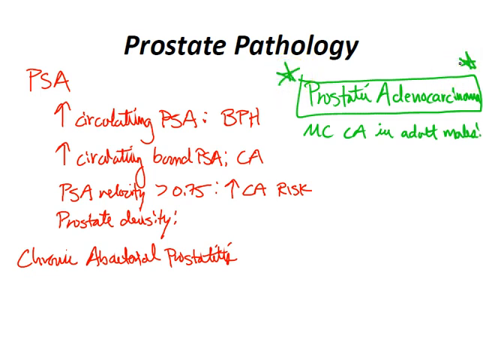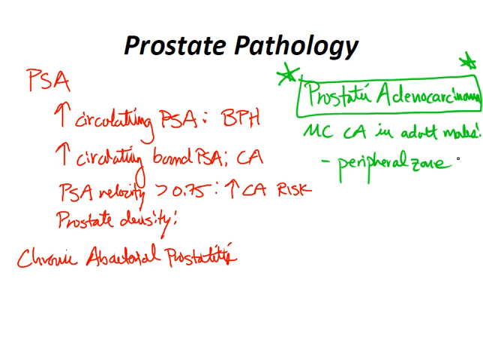Remember that, you will be tested on that. It's not including skin cancer because skin cancer is the most common cancer in the United States. It's usually with men greater than the age of 40. Now it develops in the peripheral, not transitional, peripheral zone of the prostate.